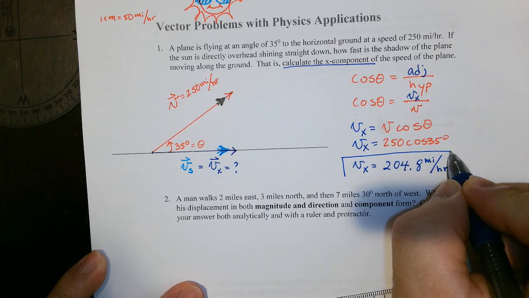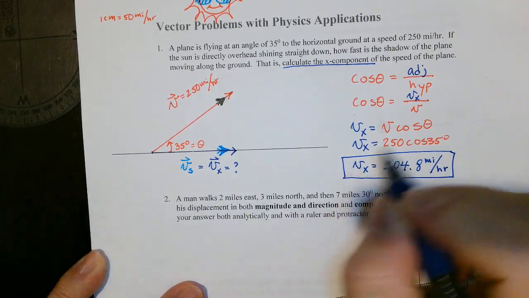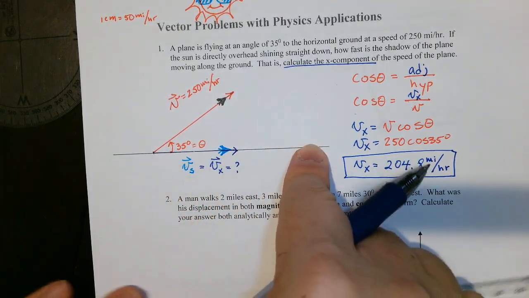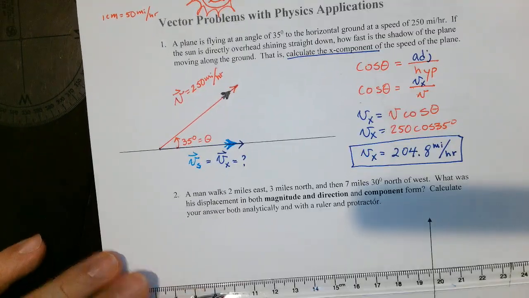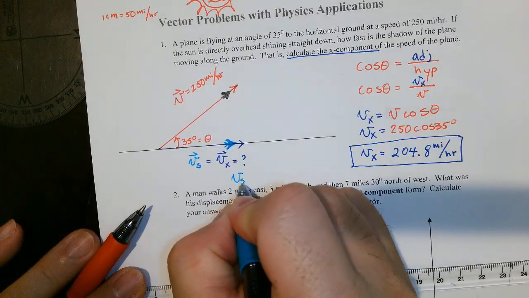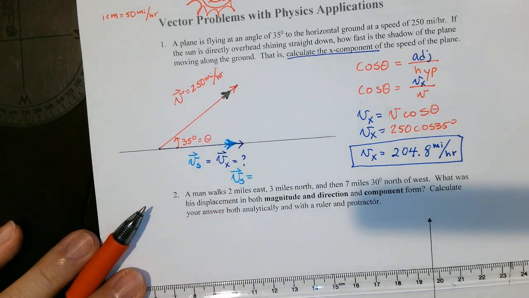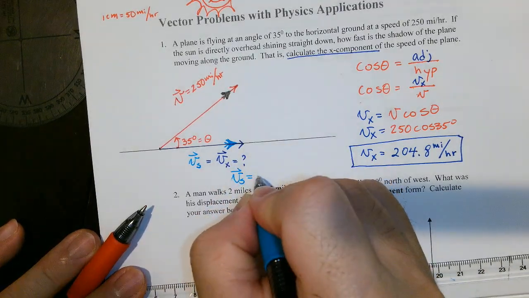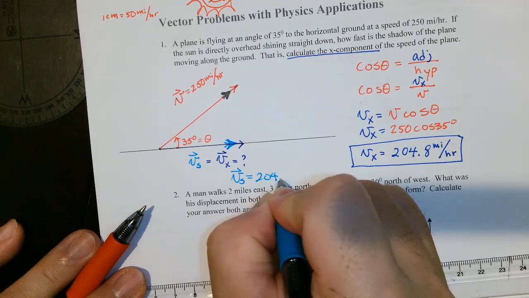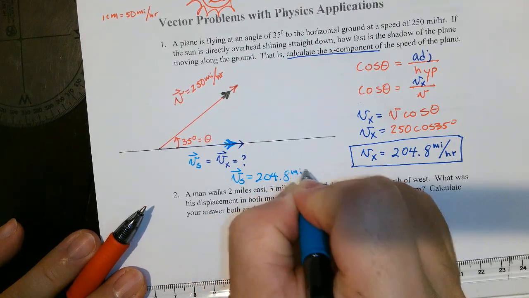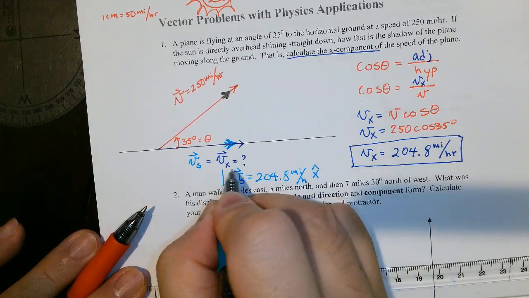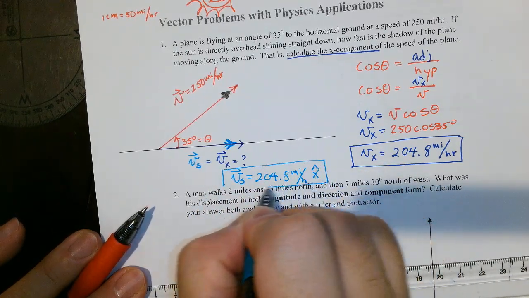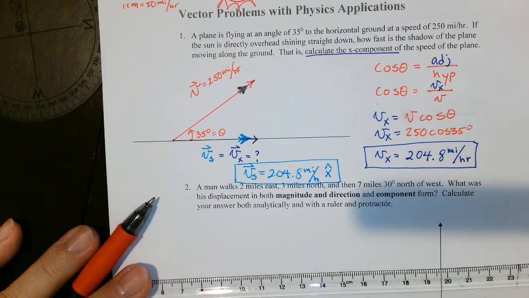So that's how fast that shadow is traveling across the ground. If you want to write the shadow velocity, that would be just 204.8 miles per hour x hat. So this is just one step further than what they're asking.